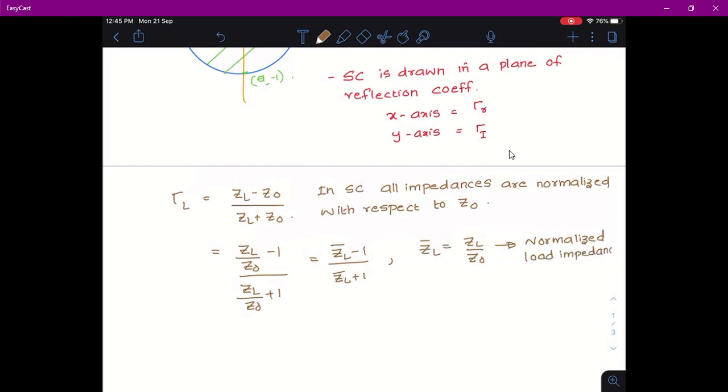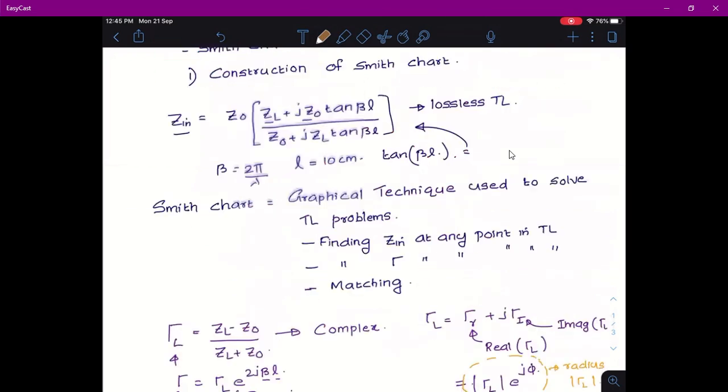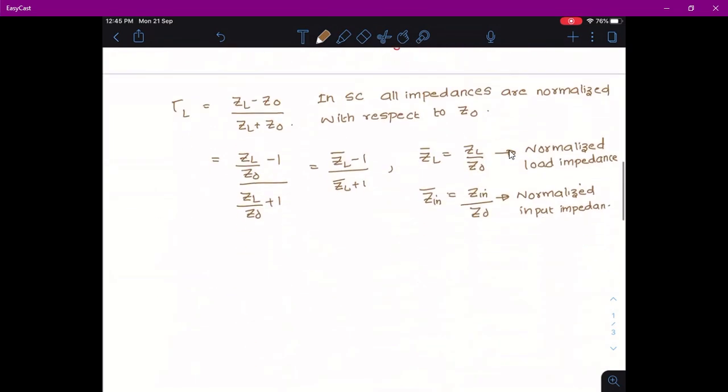If you divide any impedance by Z0, that is the normalized impedance. Similarly, I can write Z in bar as Z in by Z0, which is the normalized input impedance. So in the Smith chart, all impedances are normalized.